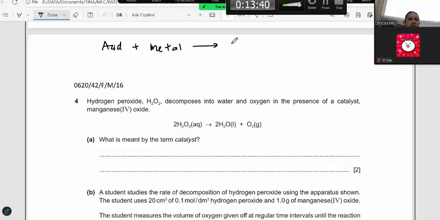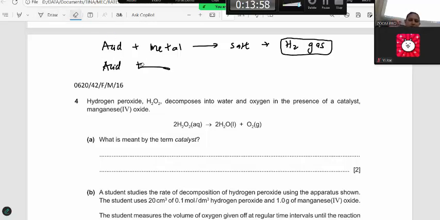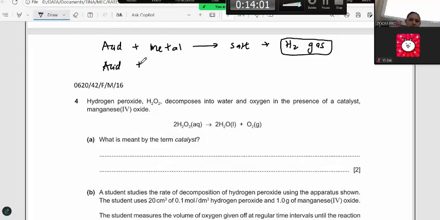What is the gas that was released? Hydrogen gas. So we can measure the volume of gas that is released. Now the second one is acid and a carbonate. You will get salt and water, but you will also get carbon dioxide gas.